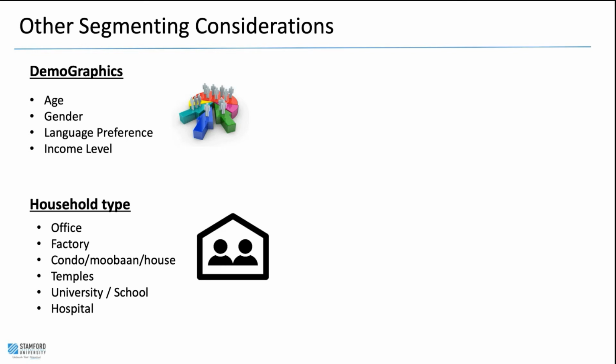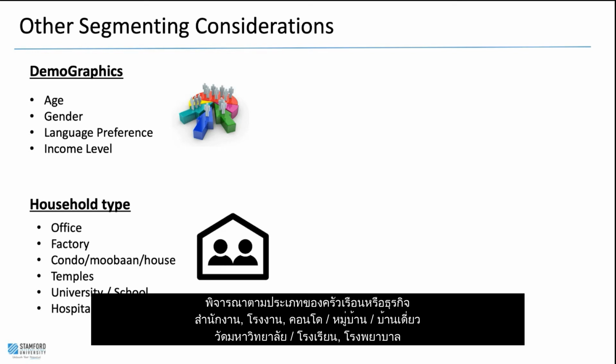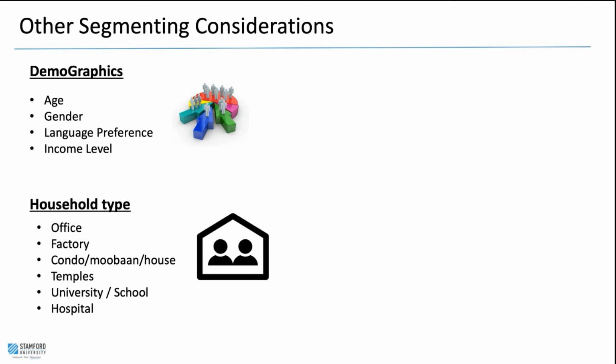The next is then the household type. So you may be a factory, an office, condo, temple, hospital, or university. So try to understand if they are a large basket size, then perhaps they're a group buy. So how can you tailor your product to this group and your messaging to this group?